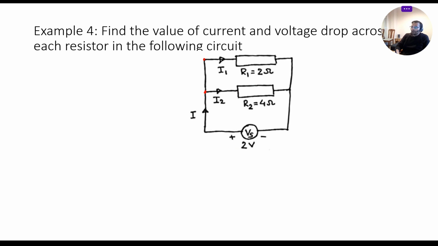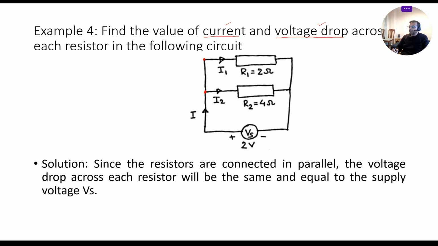And we have to find the value of current and voltage drops across each resistor. Now again, to find the value of current and voltage drop, we first of all need to find the value of equivalent or total resistance.